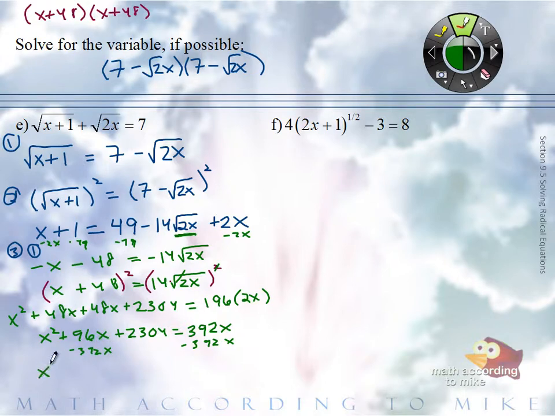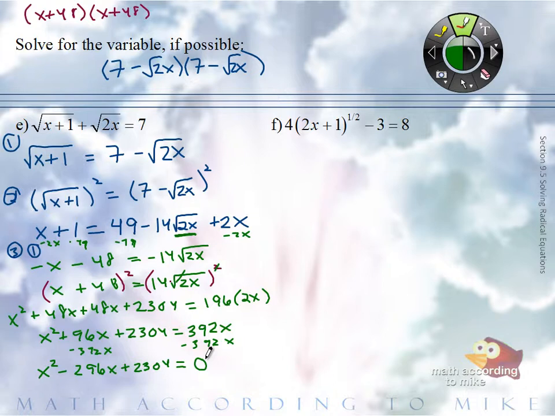So that gives us x squared minus 296x plus 2304 equals 0. So now, this does factor, and here comes the fun part.